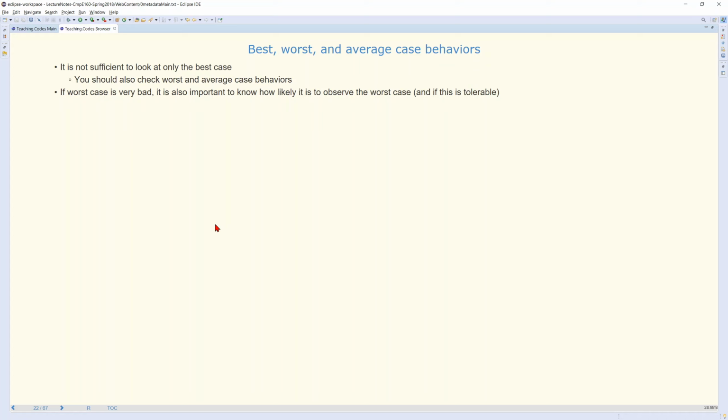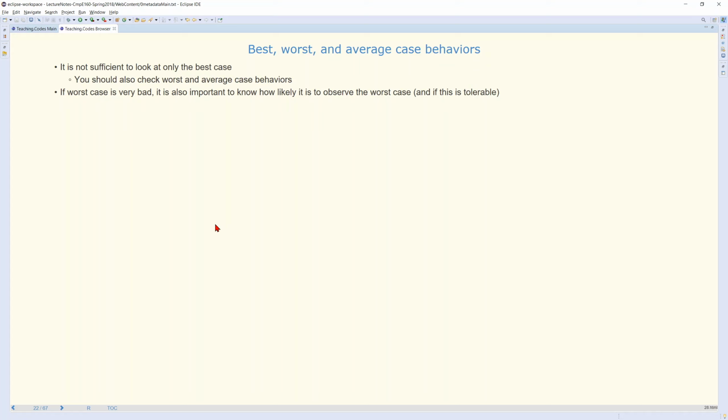But you should also consider the average case behaviors, because it is possible that the worst case is very rarely happening. If so, depending on your problem, that could be tolerable or not.